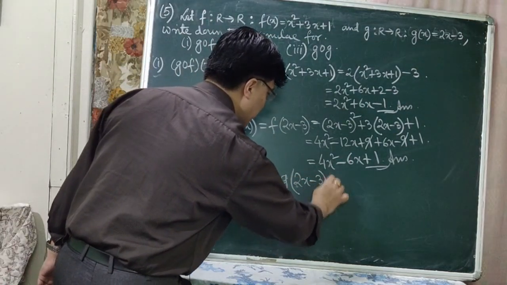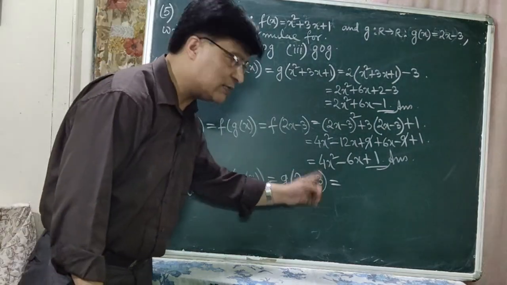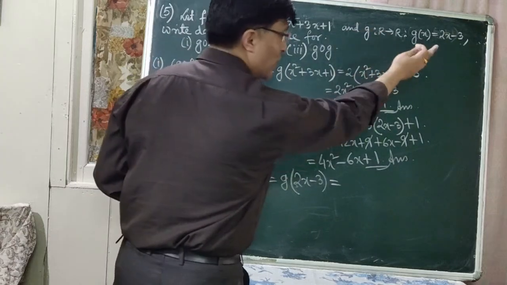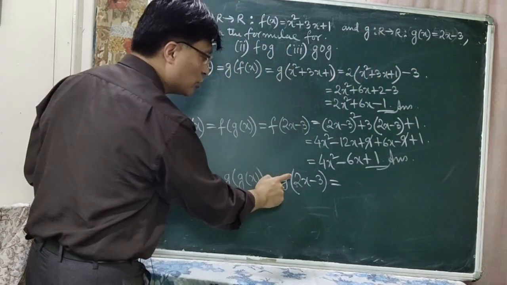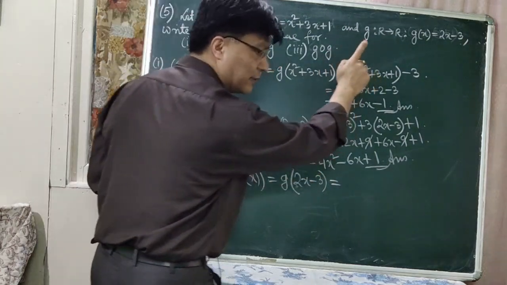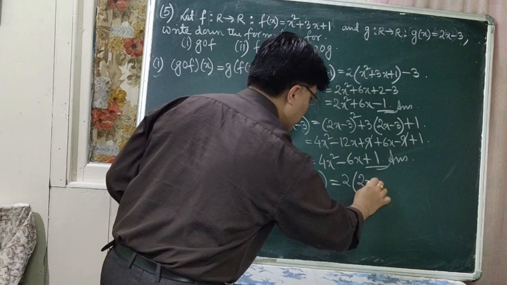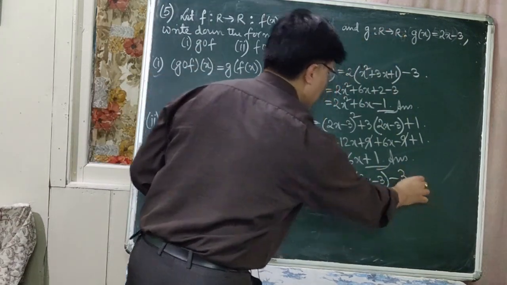This is your 2x minus 3, which is equal to, now instead of x there is g of x. Actually, what is g of x? 2x minus 3. So instead of that x on the right hand side, you should put 2x minus 3 again, right? So 2 into, what is x again? It is 2x minus 3, then minus 3.